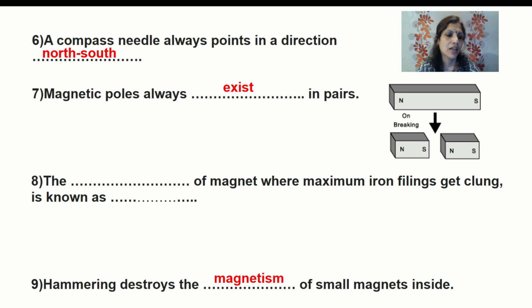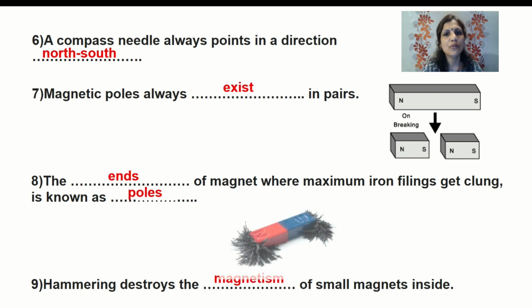Alright. The dash of the magnet where maximum iron filings get clung is known as dash. So the end of the magnet where maximum iron filings get clung is known as the poles of the magnet. So at poles, maximum iron filings get attracted.